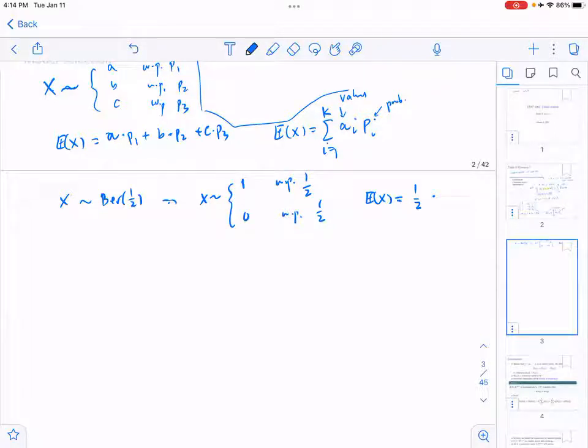There's some resulting probability result that tells you. Yeah, the law of large numbers. The expectation makes sense actually because of this law of large numbers.